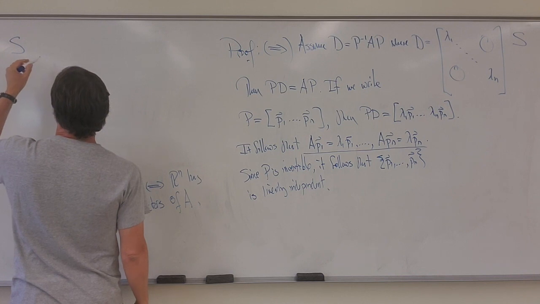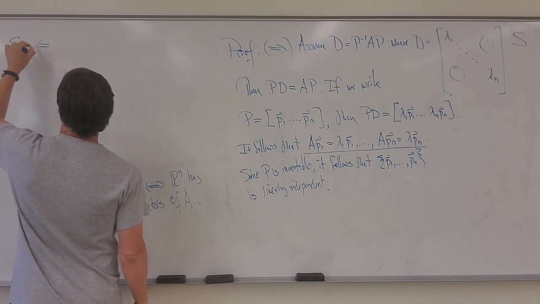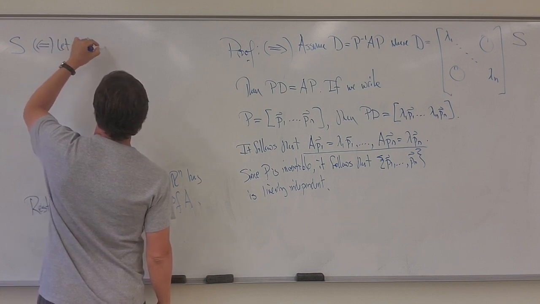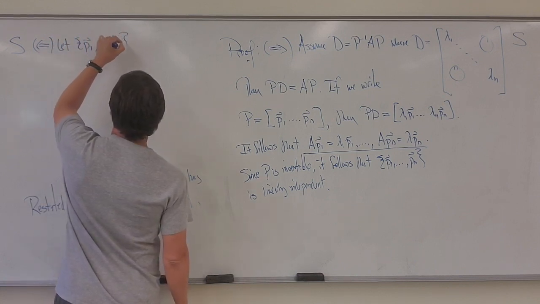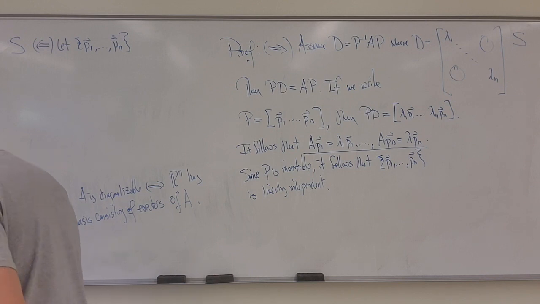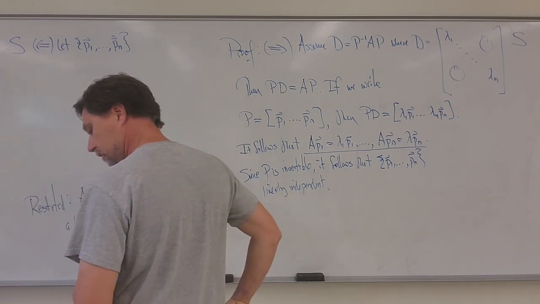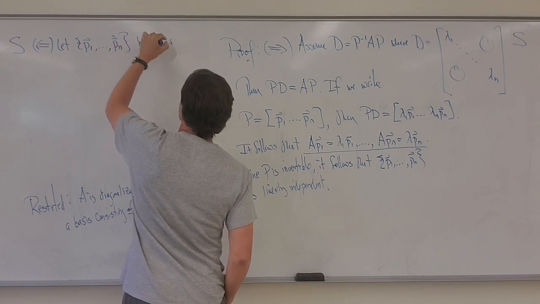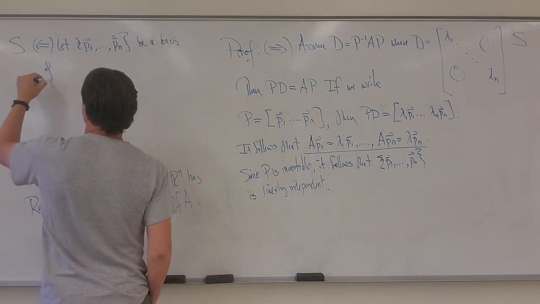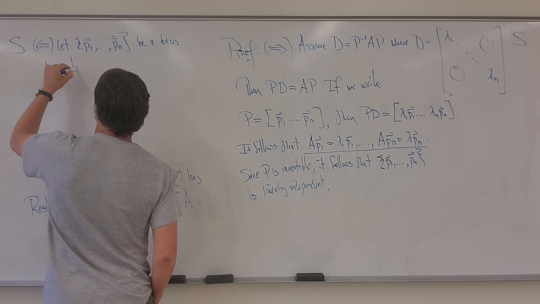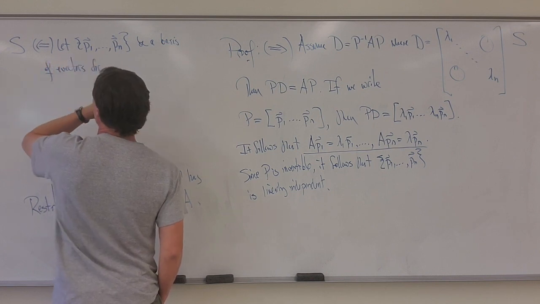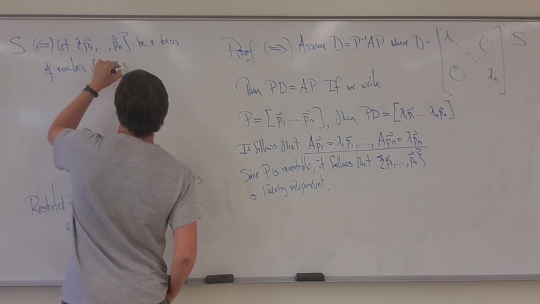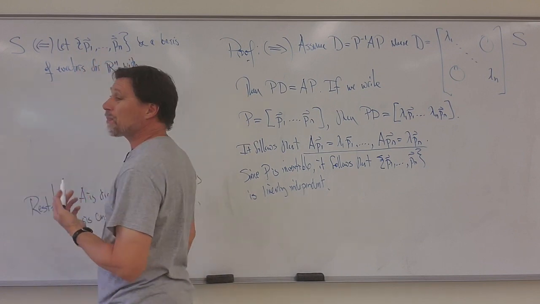So let's see. In the reverse direction, let this collection P1 up through P sub n be a basis of eigenvectors for R^n with corresponding eigenvalues.